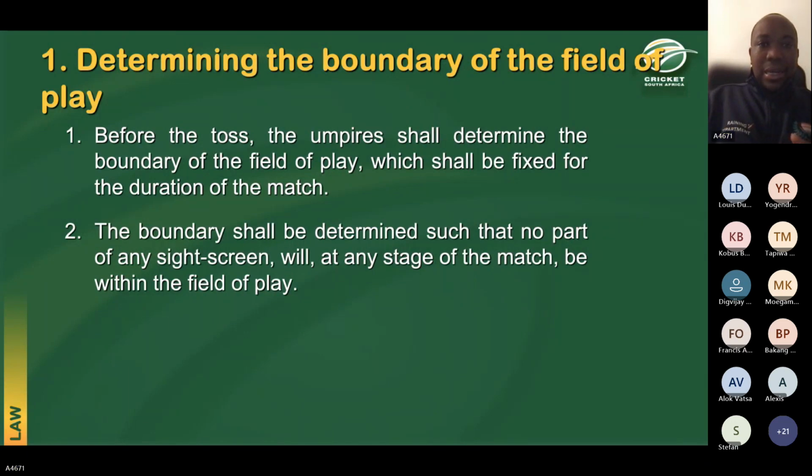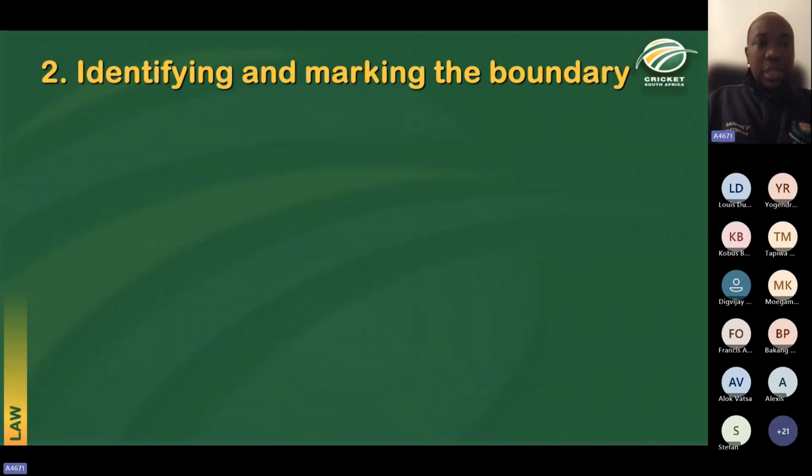However, in international and Cricket South Africa provincial playing conditions, for the safety of players, there's a requirement for there to be 3 yards or 2.74 meters of space from the boundary to any physical obstacle outside of the boundary. So the advertising boards, for example, need to be a minimum of 2.74 meters away from the boundary rope. But that's in playing conditions and not in law.